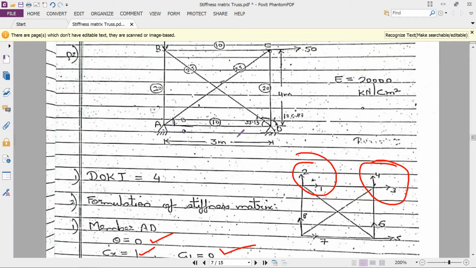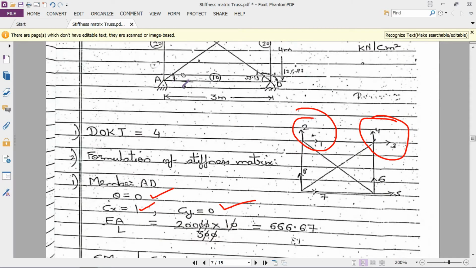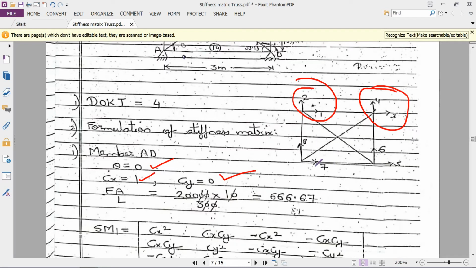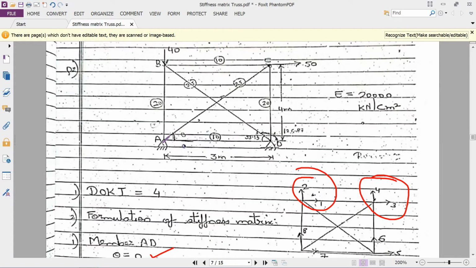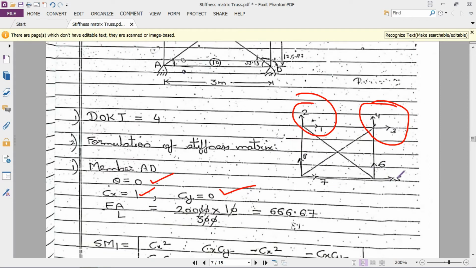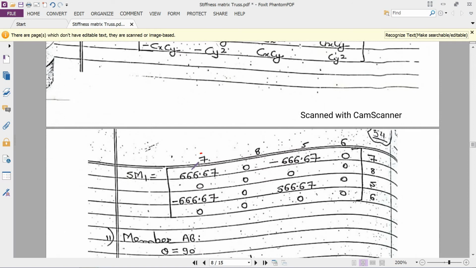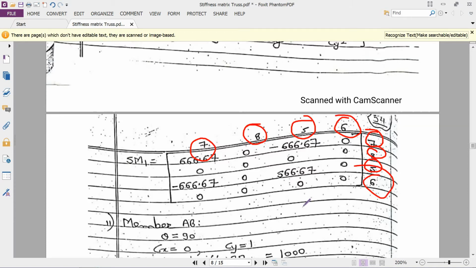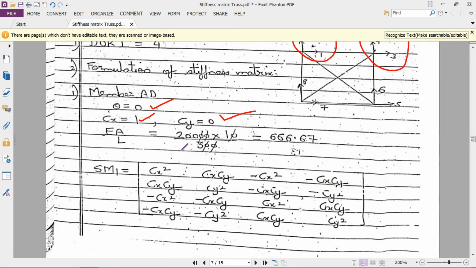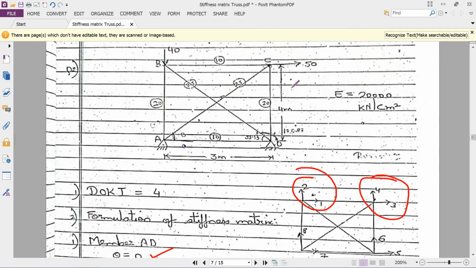You must understand this: we have to count the respective coordinates from the alphabetical order, AD. So 7, 8 and 5, 6 you have to consider, and put these coordinates very carefully, 7, 8, 5, 6, in both rows and columns. Then the next member we will consider is AB.